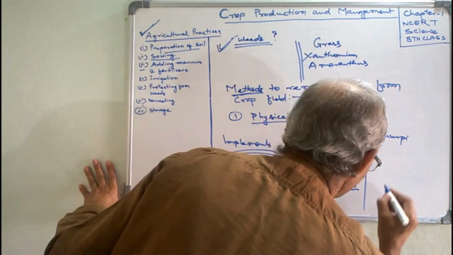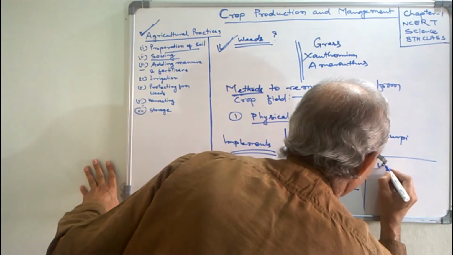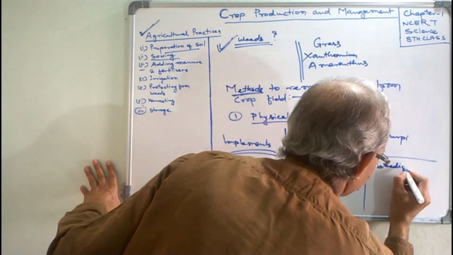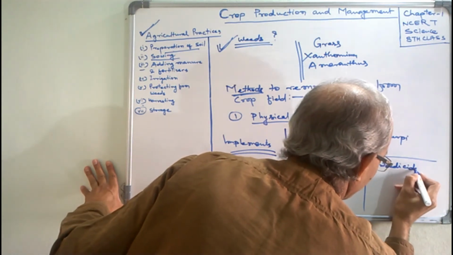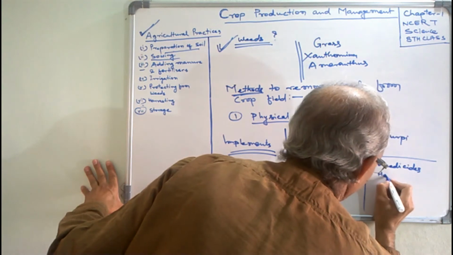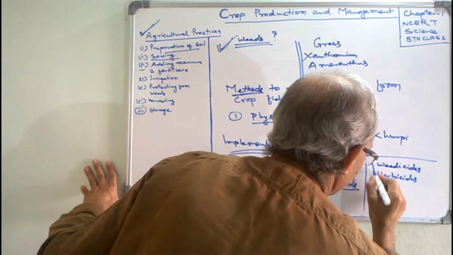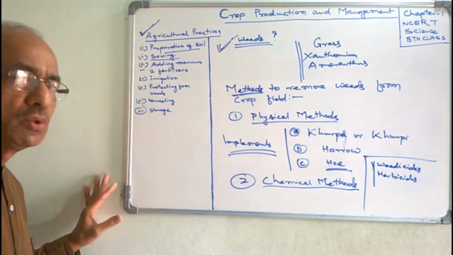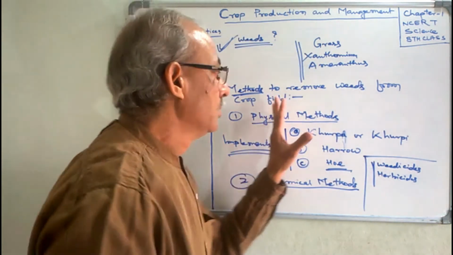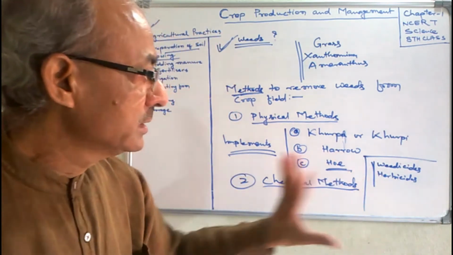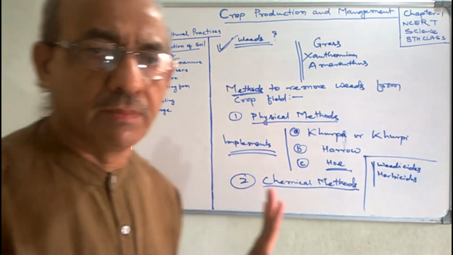You note down, this is a very important term. Weedicides or herbicides. The chemical substances which are used to kill the weeds are called weedicides or herbicides.